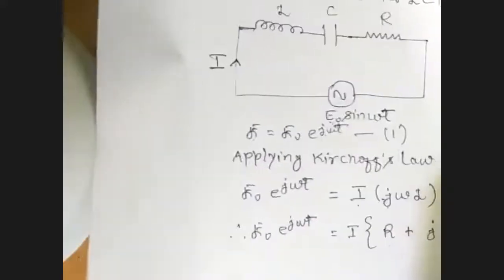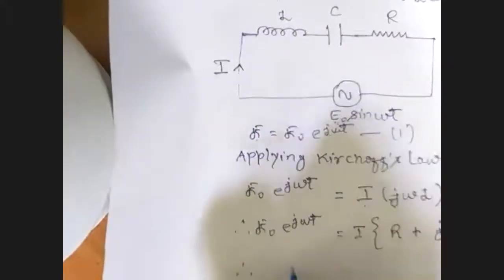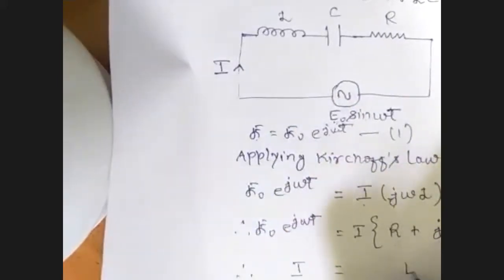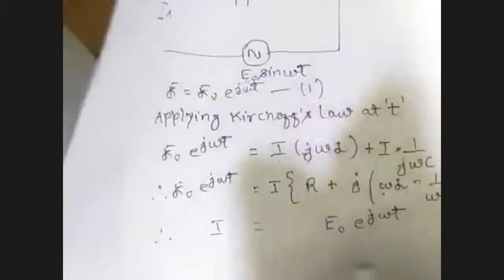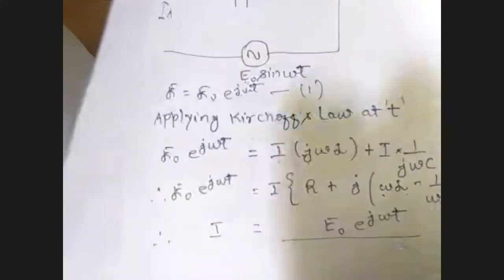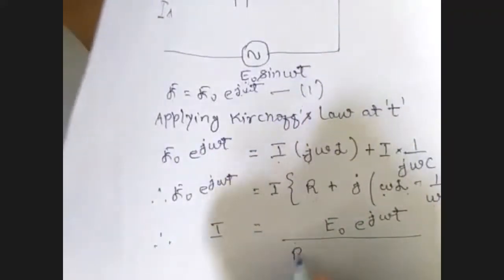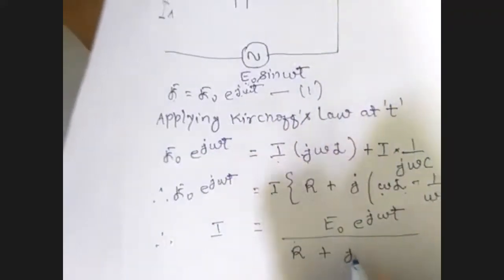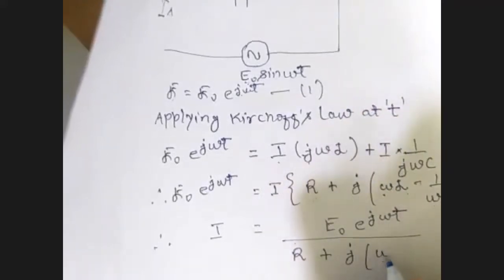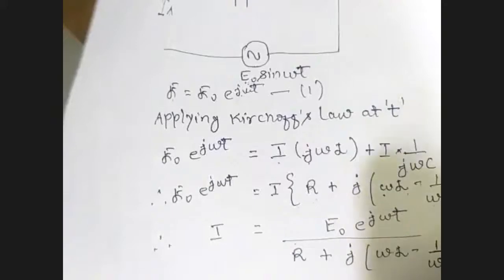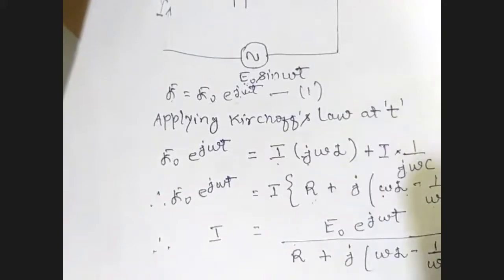So rewriting the same equation as I is equal to E0 e to the power j omega t divided by, I will shift this term here, R plus j omega L minus 1 upon omega C. Right. This is our equation number 2.